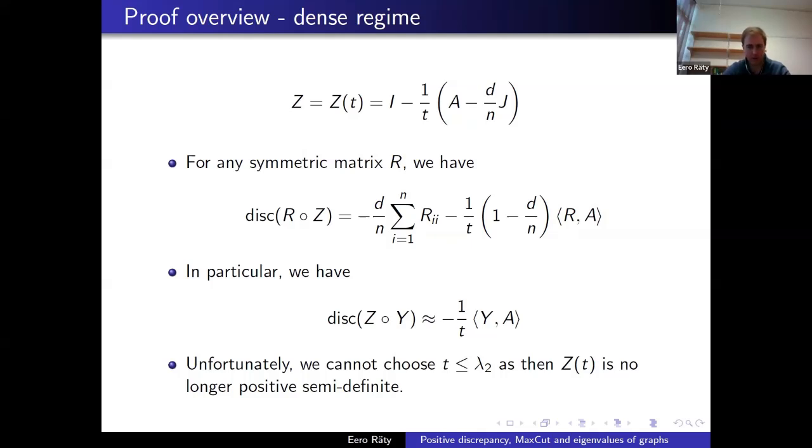Now, of course, the question is how do we choose our t? Well, the diagonal entries must be at most 1, and that gives us a condition that t must be at least root d, and we would like to choose t to be as small as possible. However, the positive semi-definiteness condition implies that we should choose t to be at most lambda 2.